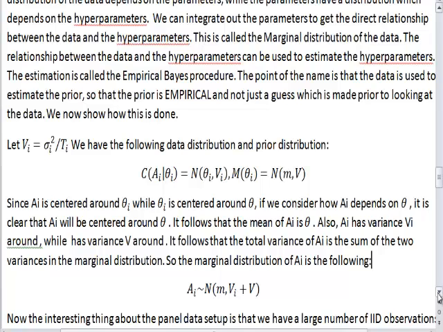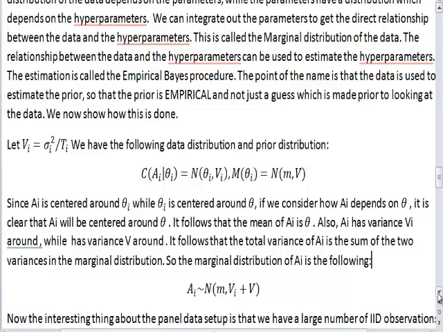As I already discussed last time, A is centered around theta_i, and theta_i is centered around M. So if we take theta out from the middle, A will be centered around M. It's clear that A will be symmetric around M, because theta is symmetric around M and A is symmetric around theta. So if you take theta out of the middle, it follows very naturally. The mean of A_i is M, and the variance also is very natural.